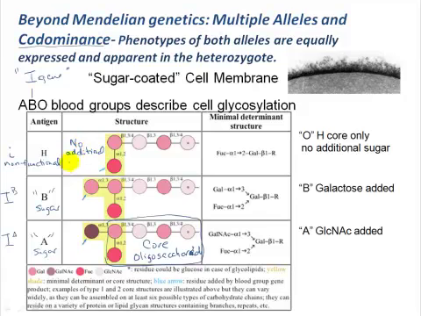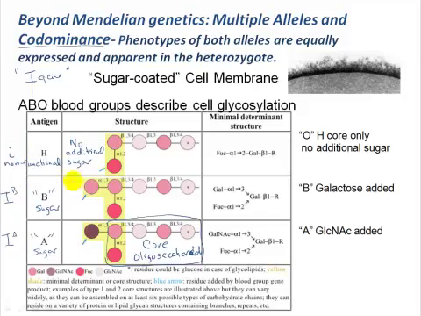Only the core oligosaccharide is present because it was added previously by another enzyme. And that core oligosaccharide is sometimes referred to as the H antigen or H oligosaccharide. But no additional sugar gets added on because this allele encodes a non-functional enzyme that can't do anything with this core oligosaccharide. All right? And so there are three alleles segregating in the population.